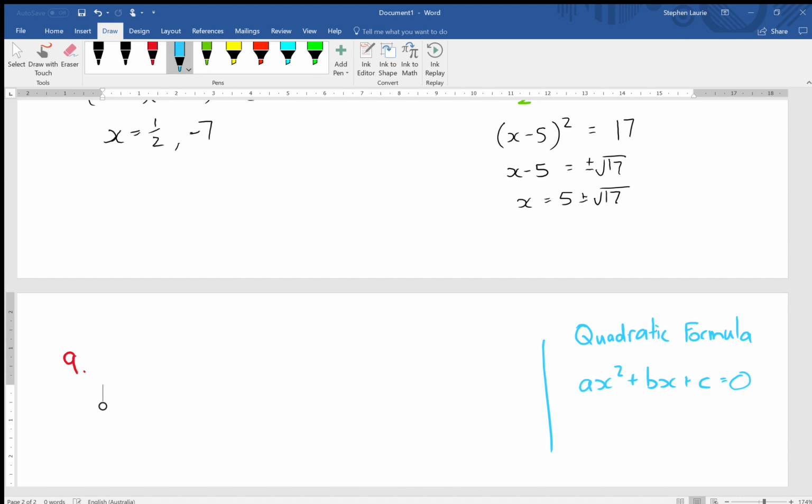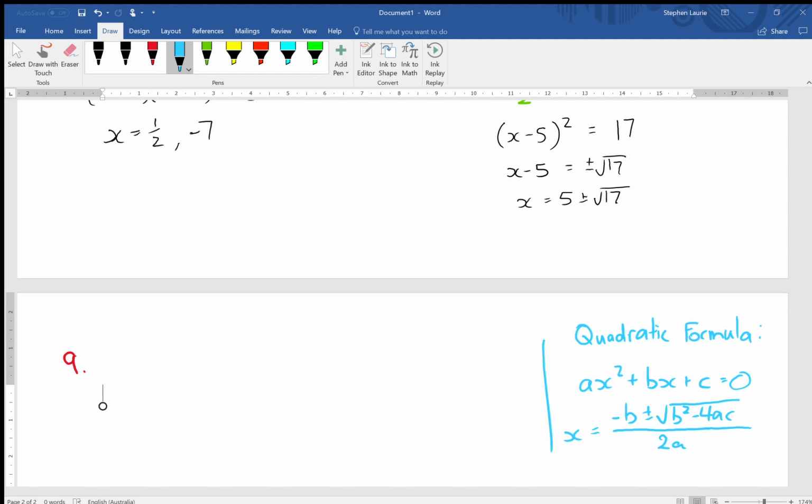And then you can plug those three different values into x equals minus b plus or minus the square root of b squared minus 4ac all over 2a. The good old quadratic formula. Anyway, back to number 9.